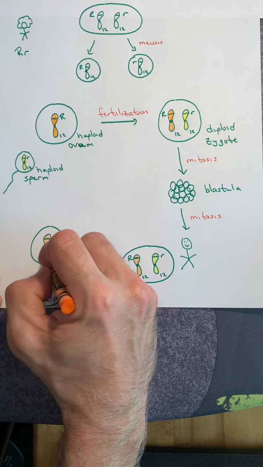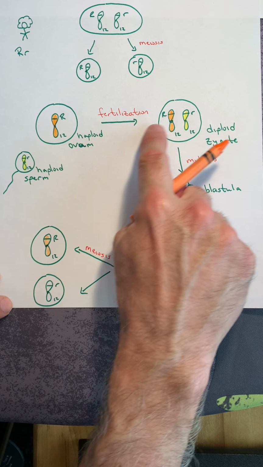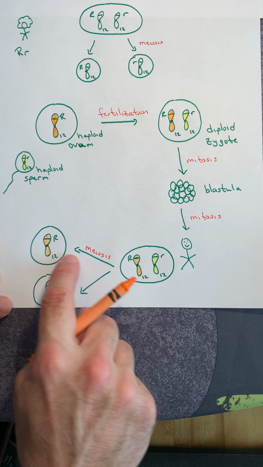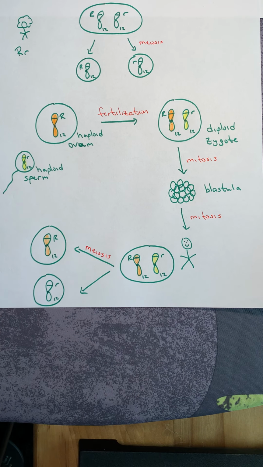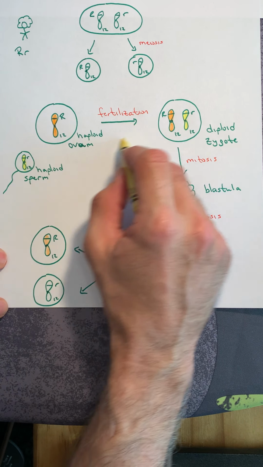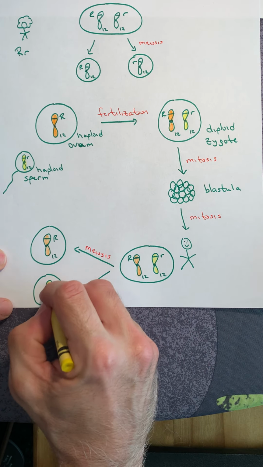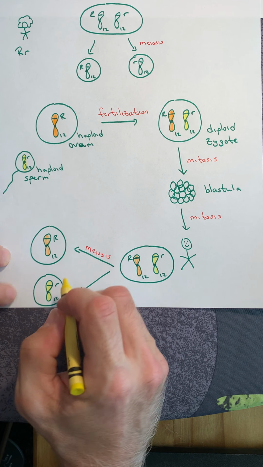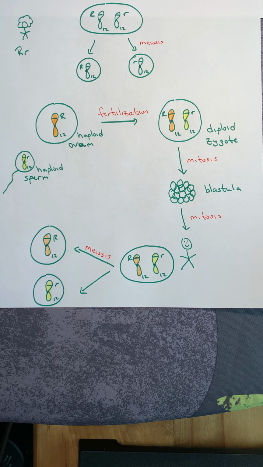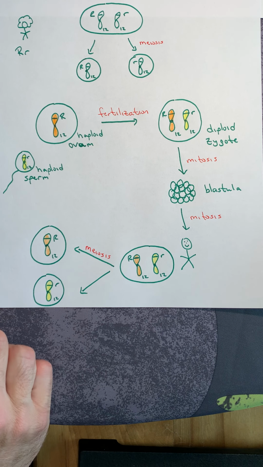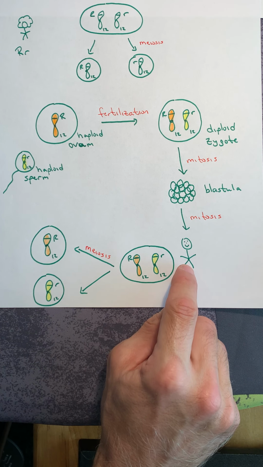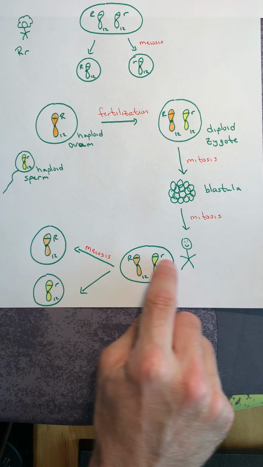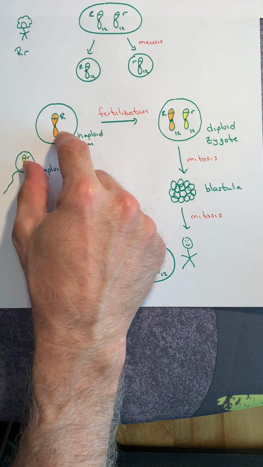So he will pass on the same chromosome that he received from his biological mother, he can now pass on to his biological child. Or maybe the chromosome that he received from his biological father, he'll pass that on to his biological child. See, this whole idea that I gave my chromosomes, that's not the way it works at all, okay? I gave Emily the chromosomes that I received from my biological parents.